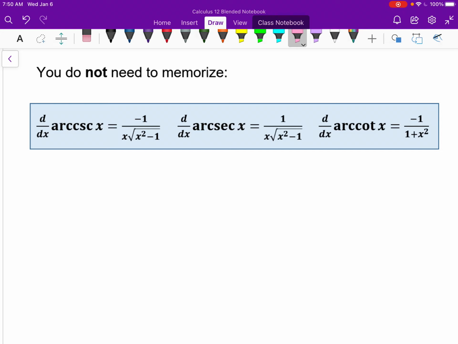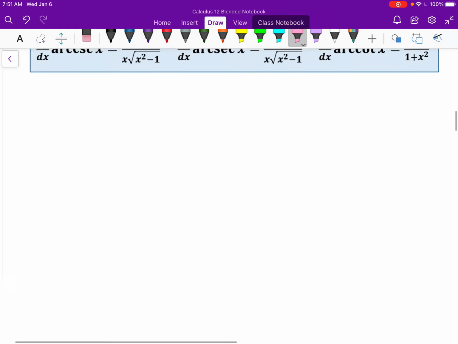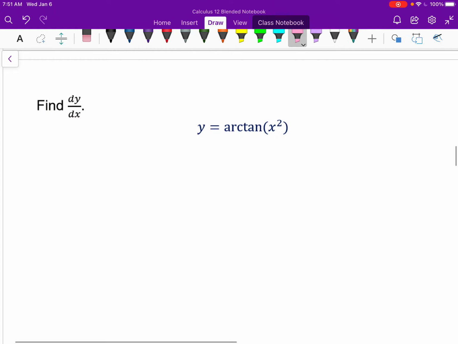In general, though, these are not nearly as important as the other ones, and so you do not need to memorize these. Anytime you have homework questions that involve these, just reference your notes. These are your notes. If I were to ask you something like this on an assessment of some sort, I would give you this part. Okay. So with that said, let's now use this a bit.